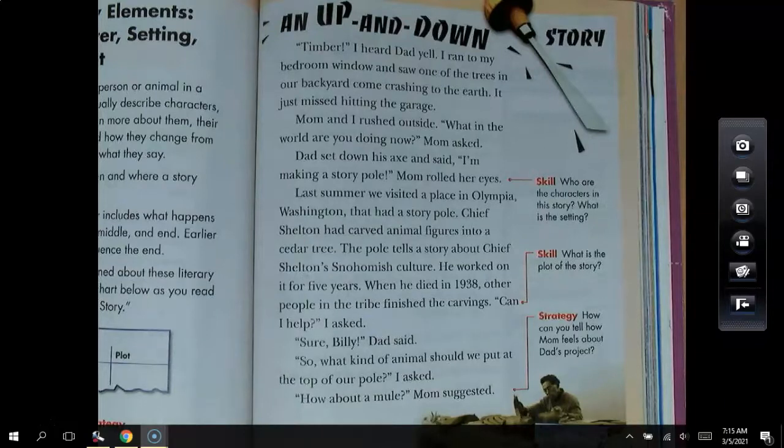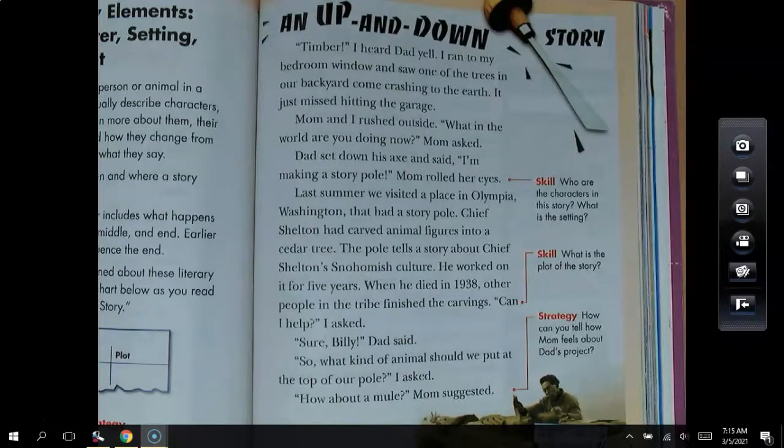Probably not. So that is something that we can tell from our literary elements with characters. We learn more about the characters by what they say or their actions. And we know just from Mom's actions of rolling her eyes that she's probably not happy about Dad's project.